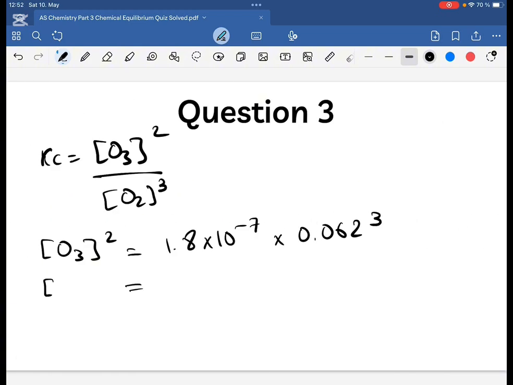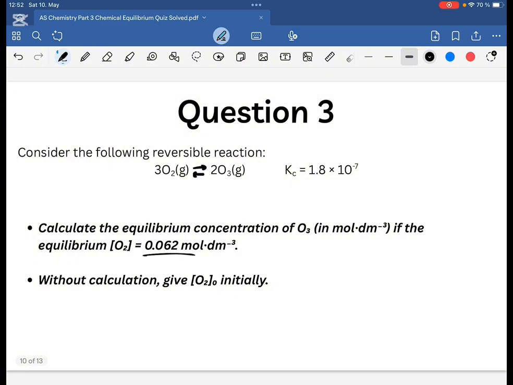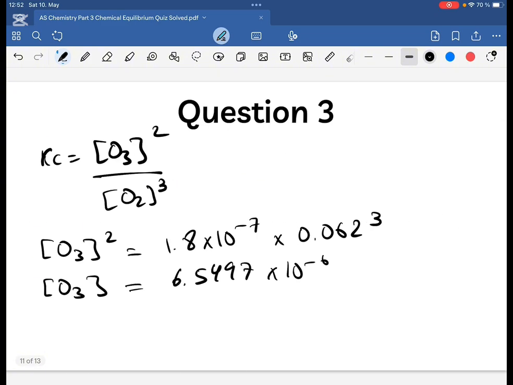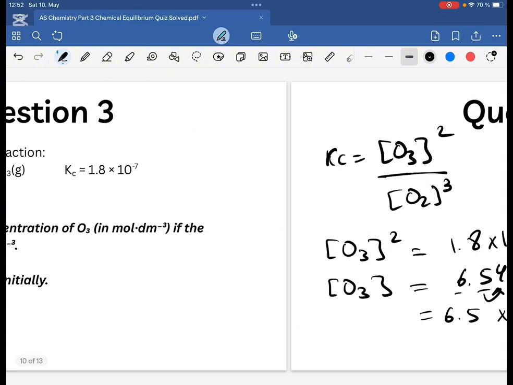And we're going to get a final answer for the concentration of O3 as 6.5497 times 10 to the power of minus 6. So if they need the answer to two significant figures, then it's going to be 6.5 multiplied by 10 to the power of minus 6, and this is the concentration for O3 at equilibrium.